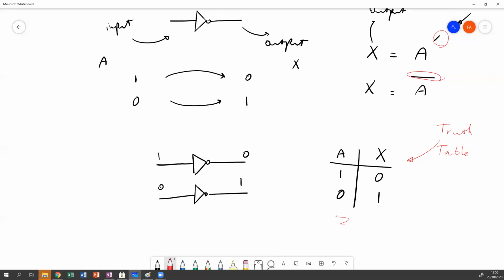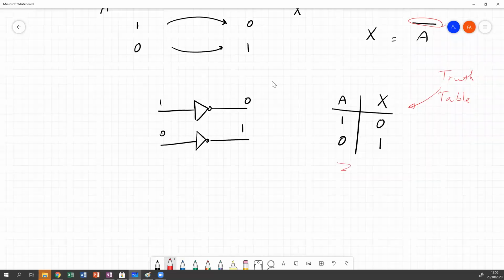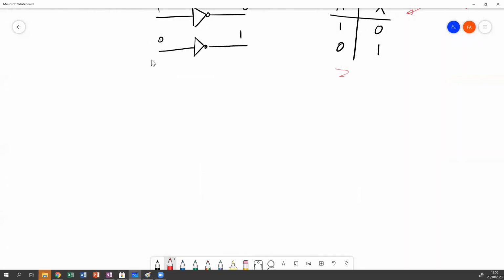So, for example, just to show the application of this, imagine that I have this number. In one's complement, I know that I've got to flip the bits. There you go. In reality, what happens? What you need to do is just put a NOT gate in front of that.